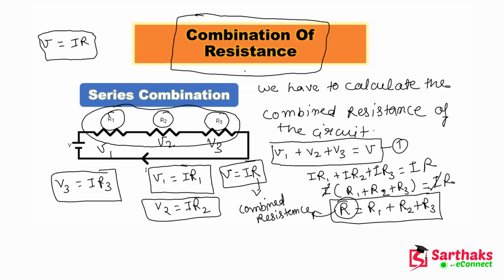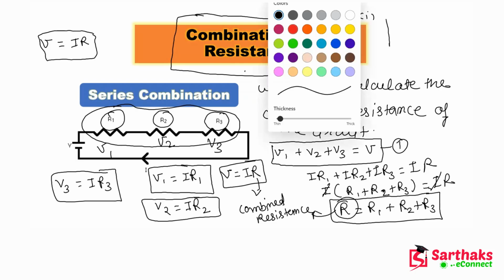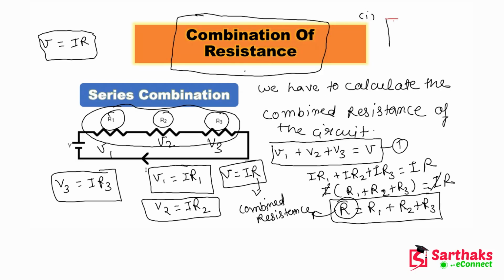Let me give you a basic idea about it. Let's suppose this is a circuit where I connected a 10 ohm resistance, a 20 ohm resistance, and a 30 ohm resistance, and this is connected with a battery.